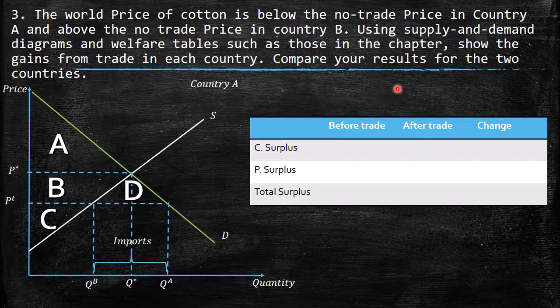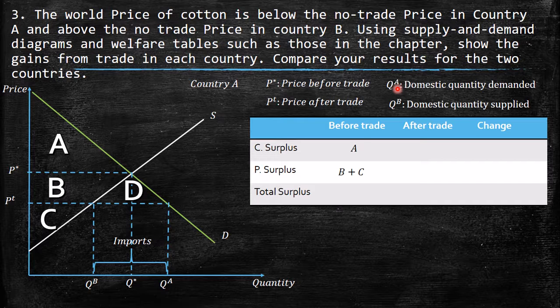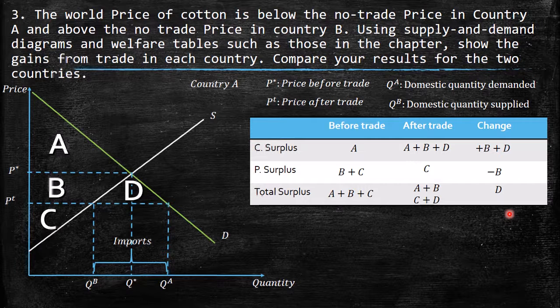Okay, there are going to be imports, so this is going to be their situation. Naturally, there is going to be a gain in welfare. Producers are going to be worse off because of the imports, and consumers are going to be better off.